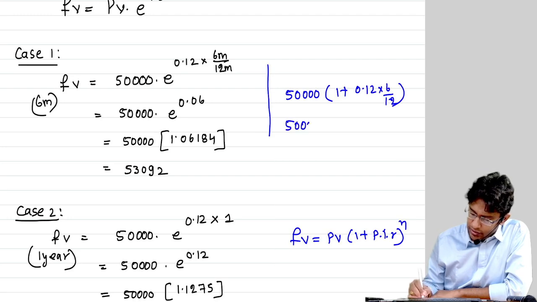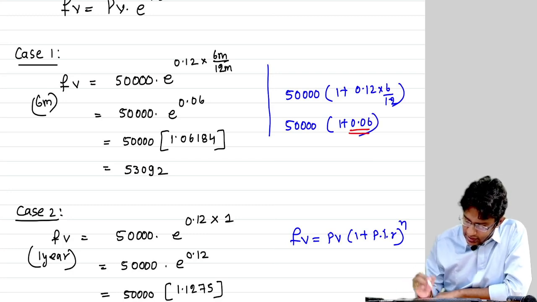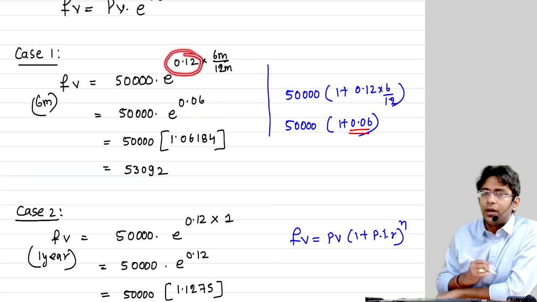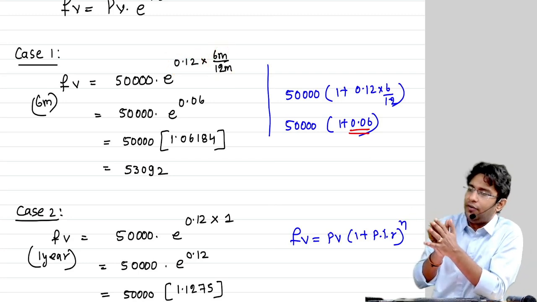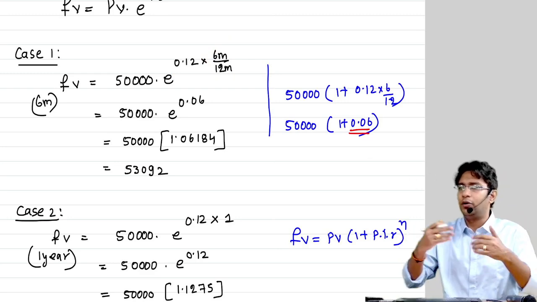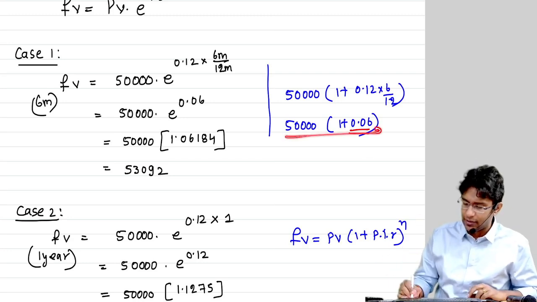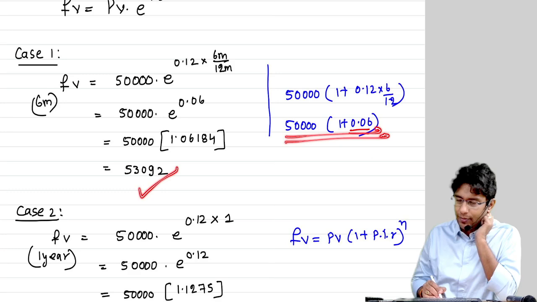So 50,000 into 1 plus 0.06. Observe here, e 0.06 here also it is there. Even though you are taking per annum interest rate, you are multiplying with 0.5 there. So a per annum interest rate is getting converted into 6 months interest rate. But of course, it won't give you the same answer because it is normal compounding. This is continuous compounding. Answer won't be same, obviously.